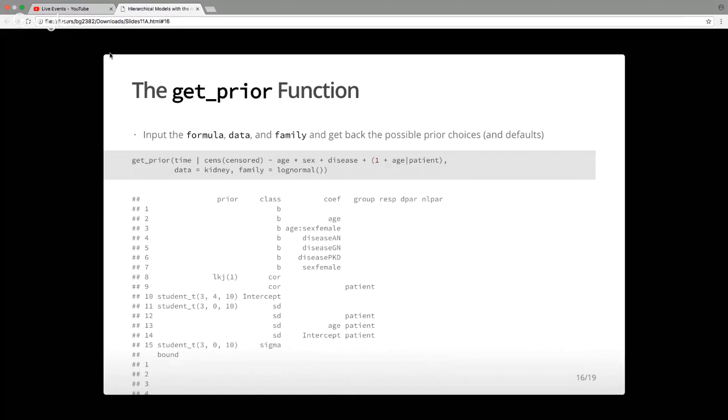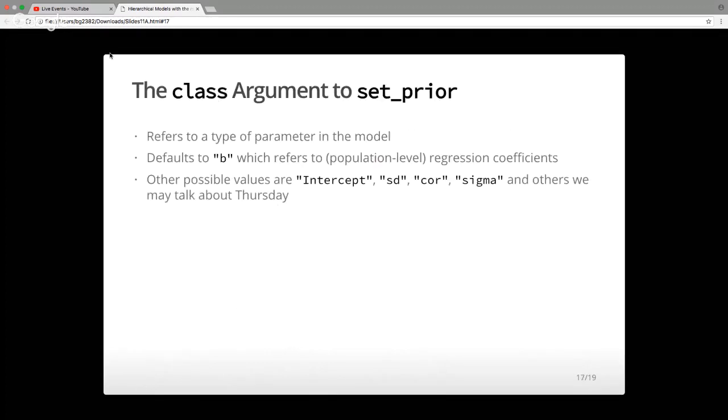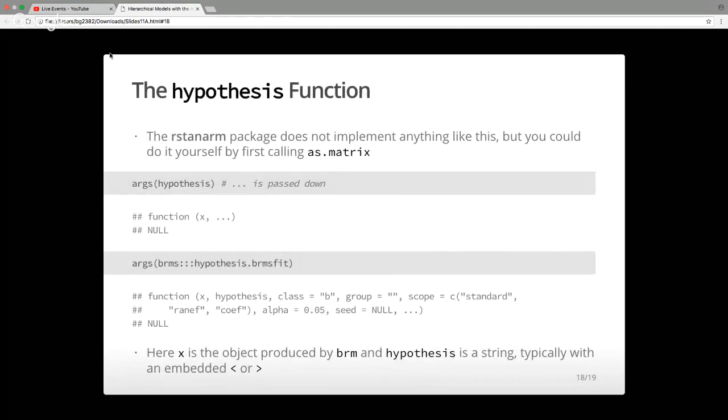So a lot of the default priors on standard deviations and stuff like that tend to be half t distributions with a small degrees of freedom so that their tails are pretty heavy. Anyway, you can read about what the default priors are and change them using get_prior and set_prior.